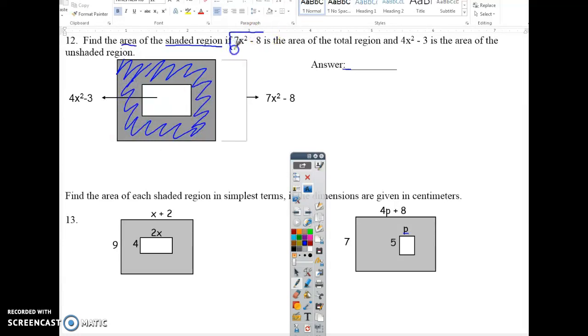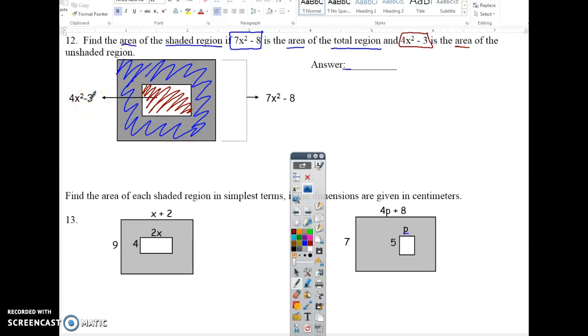If this is the area of the total region, that means all of this, including the inside part, everything is 7x squared minus 8. Okay? And 4x squared minus 3 is the area of the unshaded region. That means this part in here that I don't need is 4x squared minus 3.